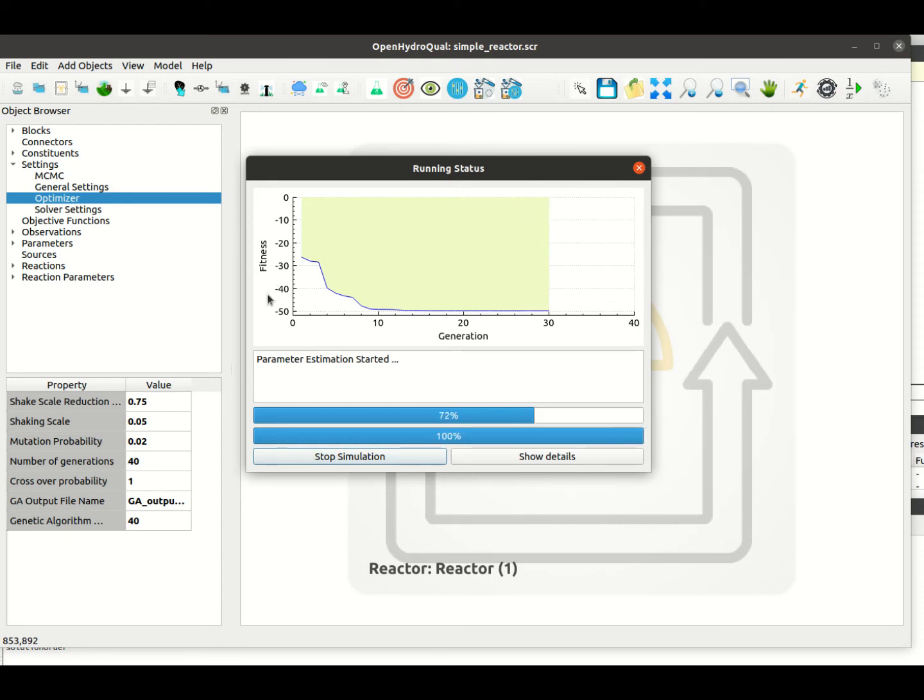So we minimize the negative of the log of the likelihood function, which is actually maximizing the likelihood. As you can see, after generation 14 or so, we don't see any improvement. That means with 14 generations, we were able to estimate the optimal value of the parameters. So this is done.